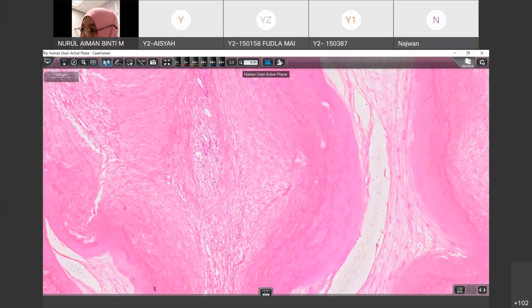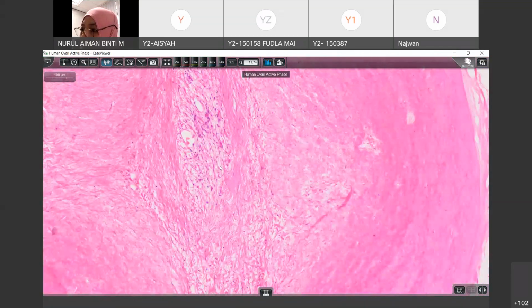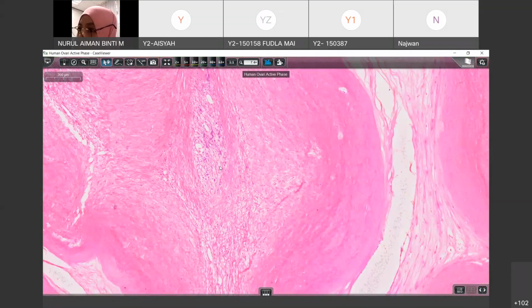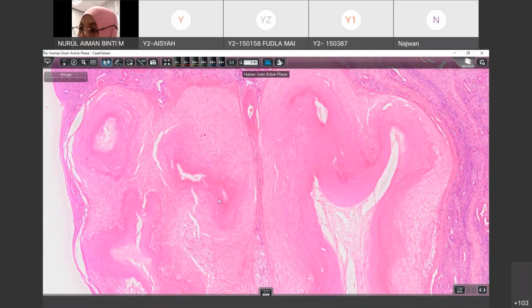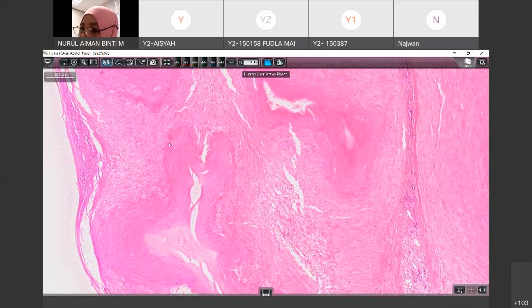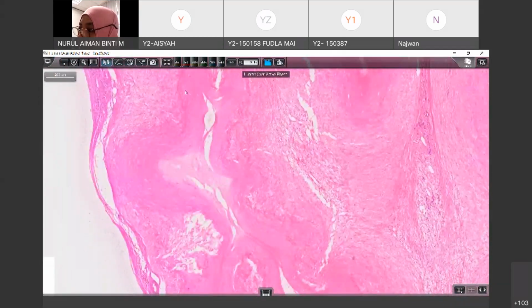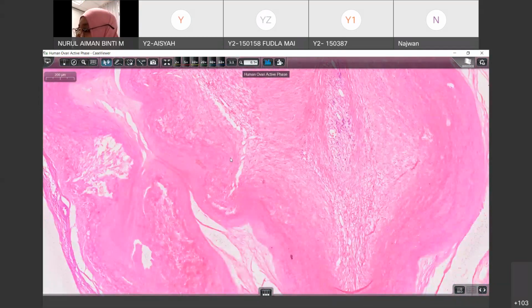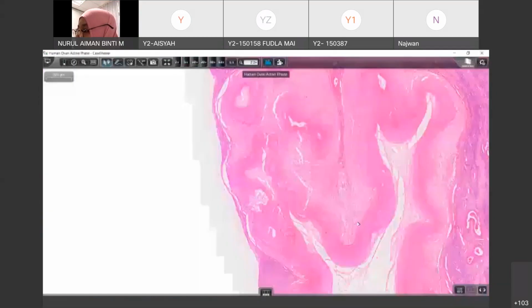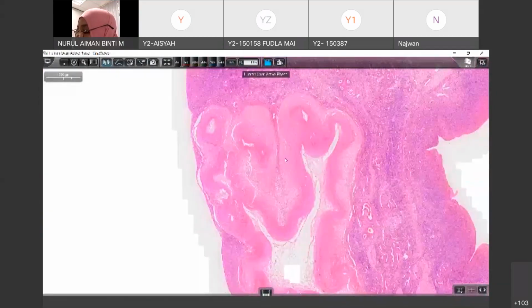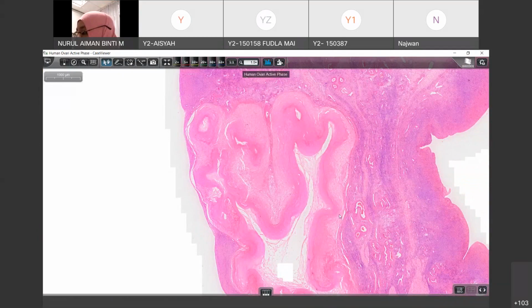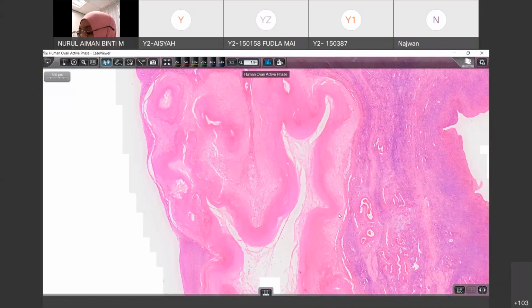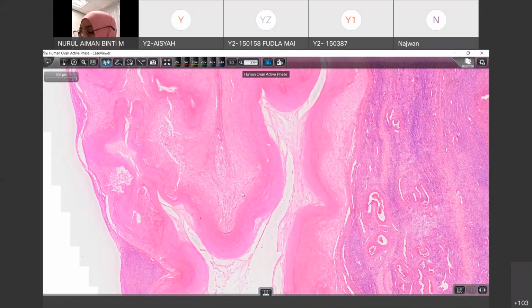It's quite difficult to differentiate, but of course you have the theca lutein cells. Look at the folding of the corpus luteum here. It is folding because it's too big. It folds together. In between the folds, you will find what layer?